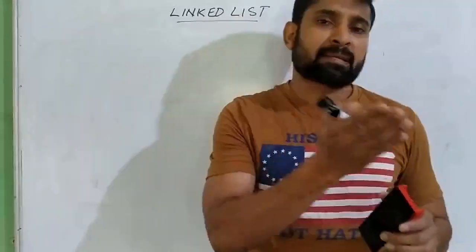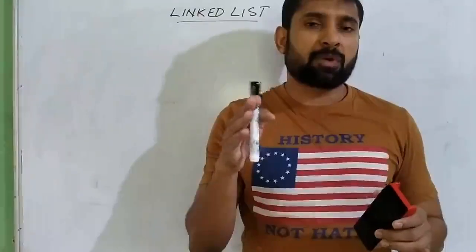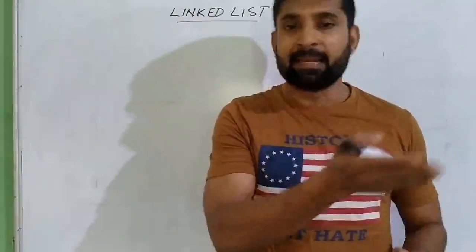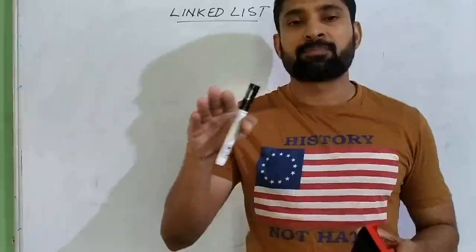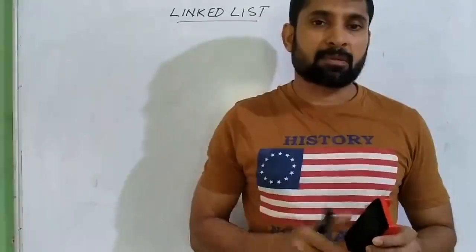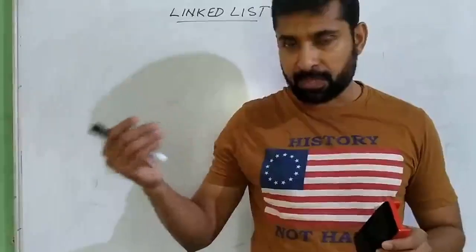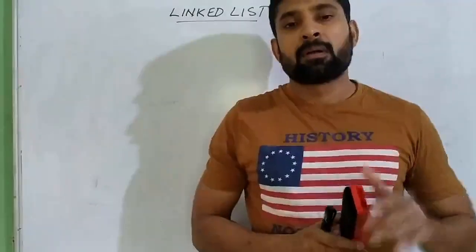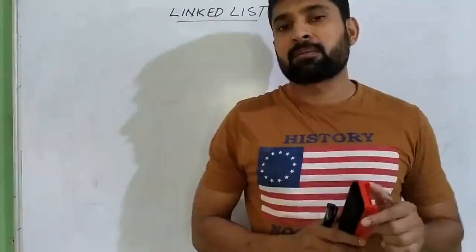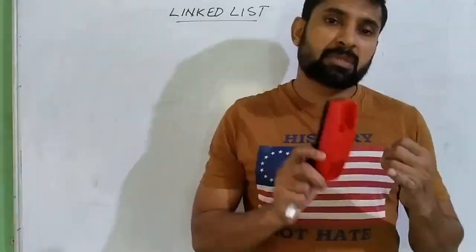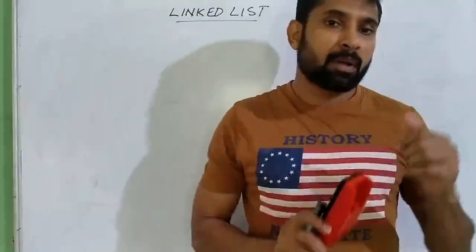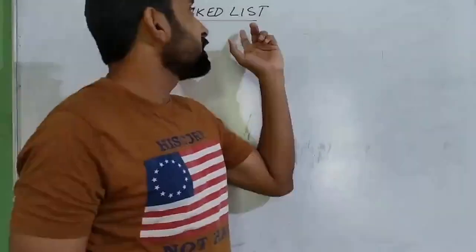Again, these compound data structures are classified, as we all know, into linear data structure and non-linear data structure. Under non-linear data structure, we have graphs and trees. Under linear data structure, we have stack, queue, and the third one is this linked list.